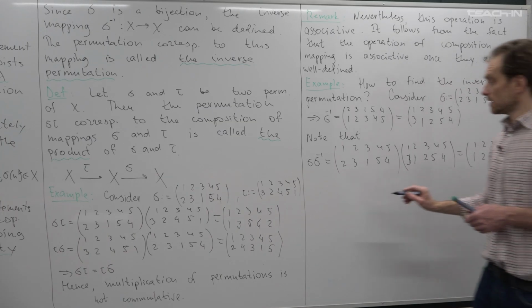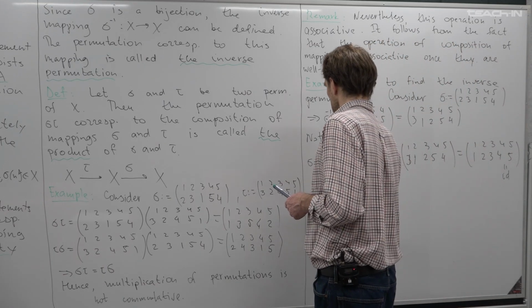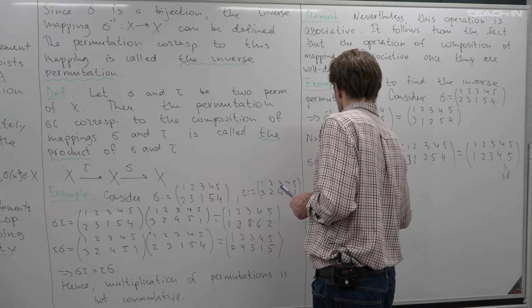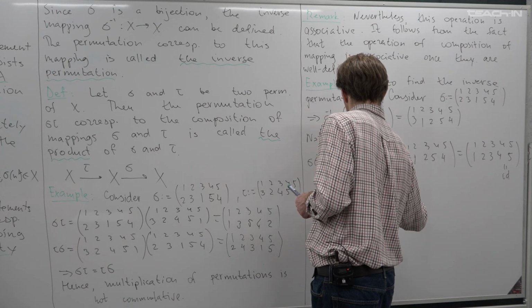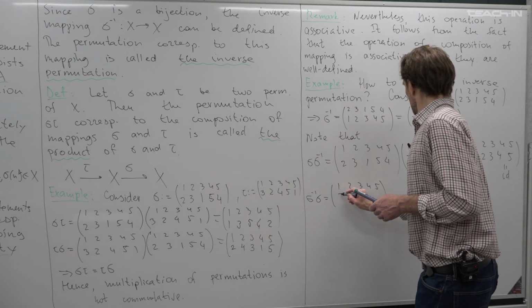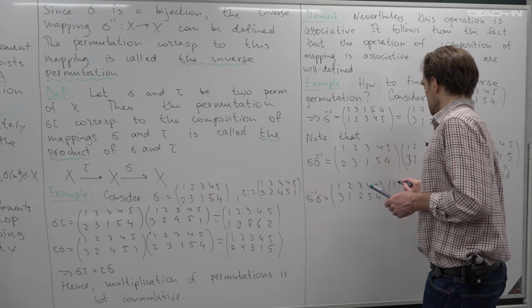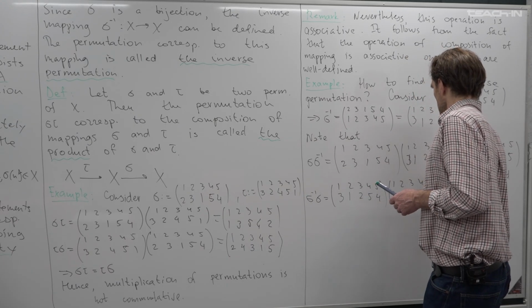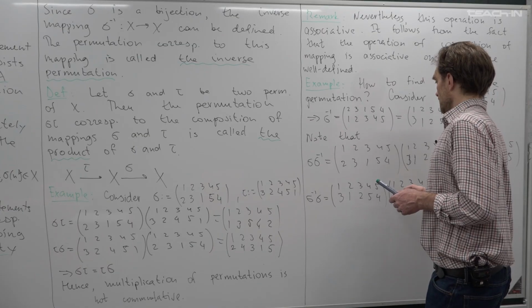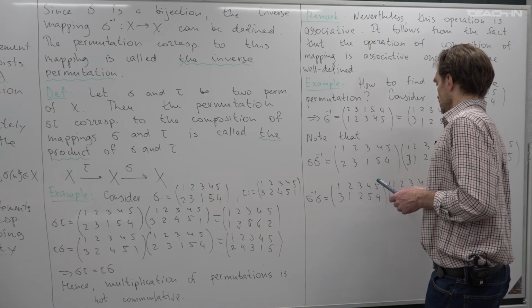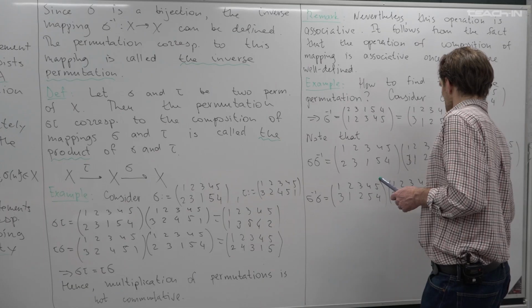And so just in order to be 100% sure, let us multiply them in the reverse order. So 3, 1, 2, 5, 4 multiplied by 1, 2, 3, 4, 5, and 2, 3, 1, 5, 4.